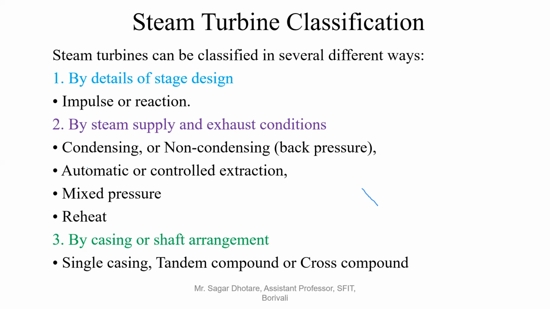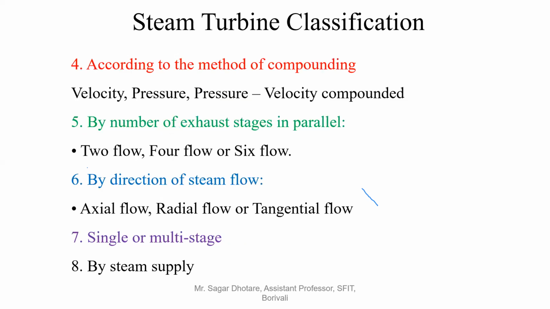Based on the casing and shaft arrangement, it could be single casing, tandem compound, or cross compound. Then, according to the method of compounding, there are three types: velocity, pressure, and a combination of velocity and pressure. Then the number of exhaust stages: parallel, two flow, four flow, six flow. The direction of the steam: axial flow, radial flow, or tangential flow. Then stages: single stage, multi-stage.